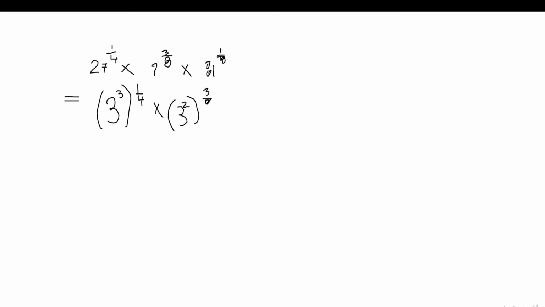And then we're multiplying that by 81. We can rewrite 81 as, wait, 81 is what? 3 to the 4, so 3 to the 4 to the 1 over 8. And now what we need to do is remember by laws of indices, if you have a to the p raised to the n, it's equal to a to the p times n.